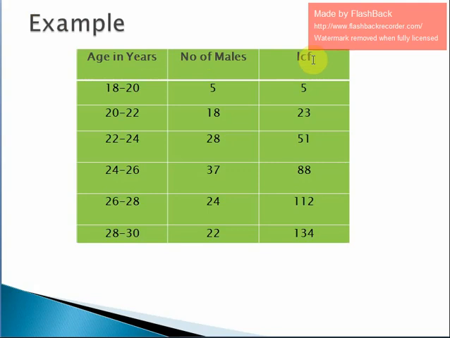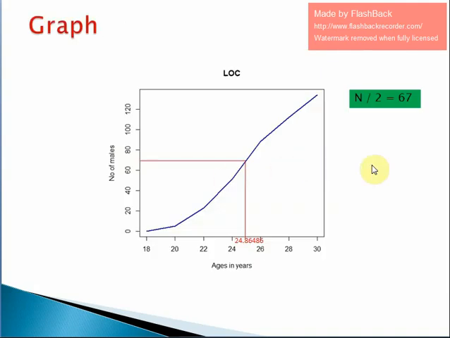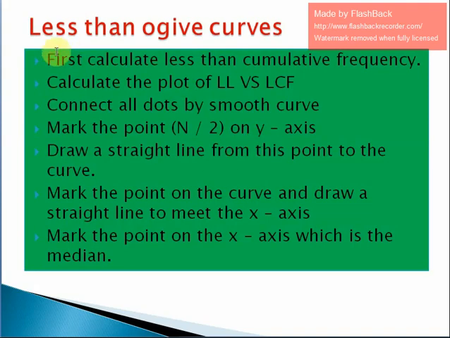The question arises how to draw the graph of ogive curves, particularly the less than ogive curve. Friends, see, this is the graph of the less than ogive curve. This is an S-shaped figure. I will explain how to draw the graph of an ogive curve. For that purpose, go through these steps.